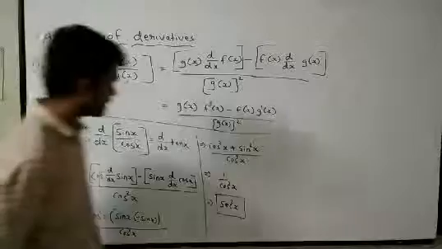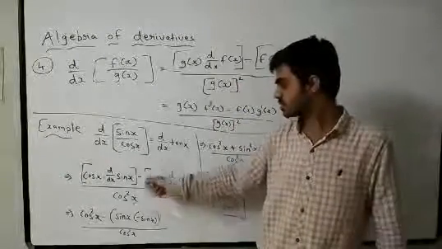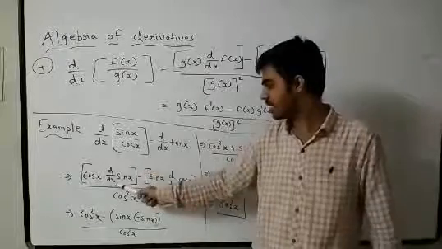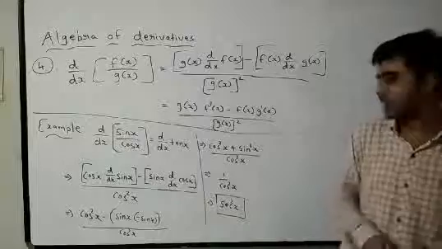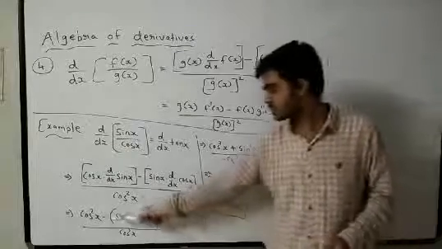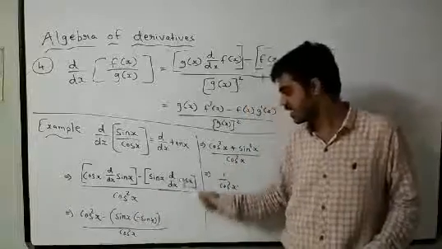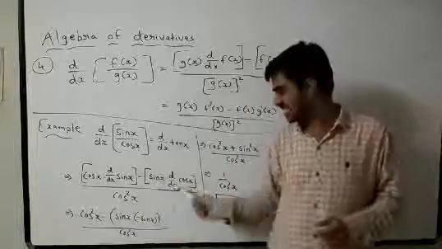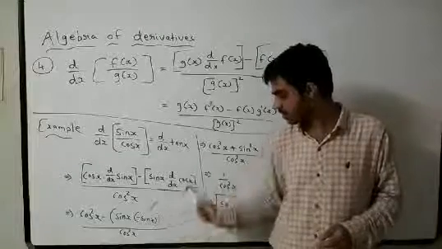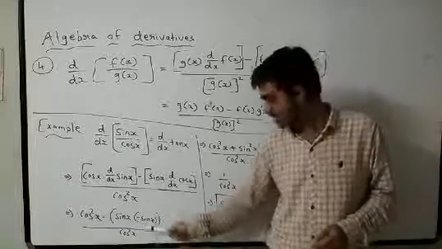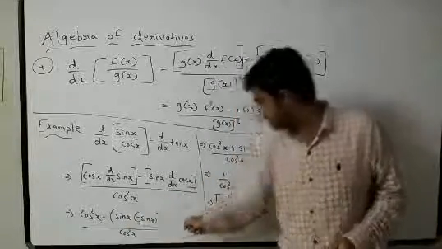So this we have proved: the derivative of tan is sec square x. Clear? In this, what we have done: cos x we made cos square x, then cos x as it is times the derivative of sine, minus sine as it is times the derivative of cos. The derivative of sine is cos, so cos into cos is cos square. You know that for cos x, a minus sign will come, so the derivative of cos is minus sine. Minus into minus will become plus.